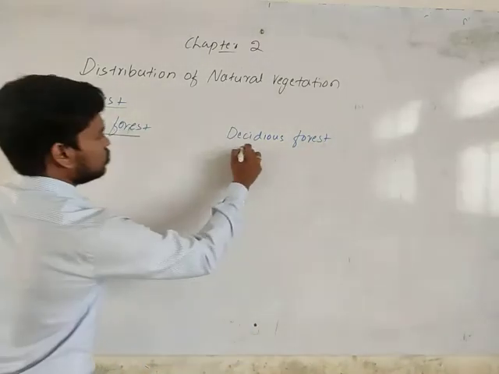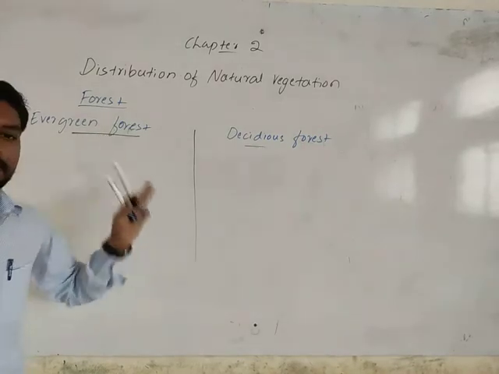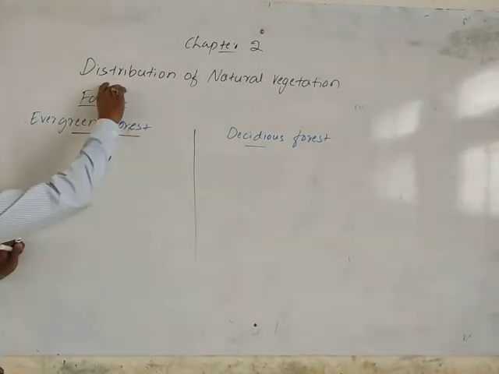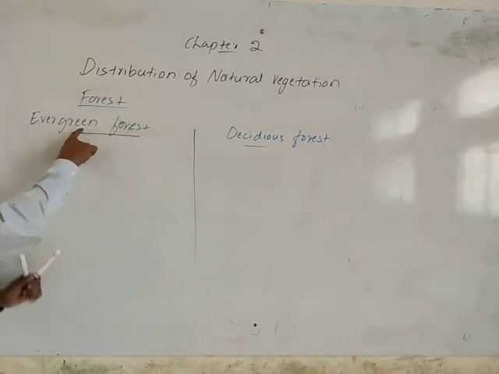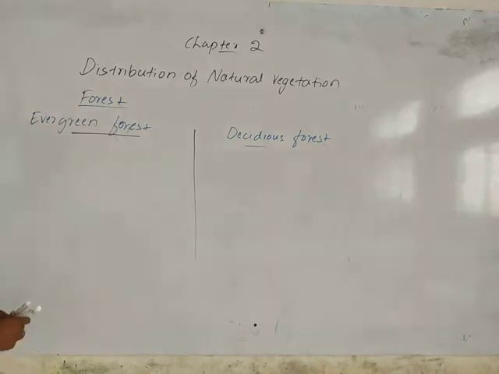These are the two types of forest. One is evergreen forest and the other is deciduous. This word itself gives a meaning. Evergreen: the trees which grow in these areas will always be green, meaning the leaves of the trees will be green throughout the year.